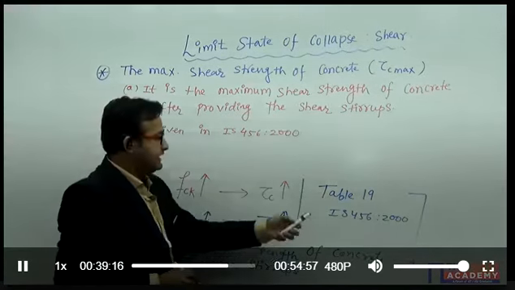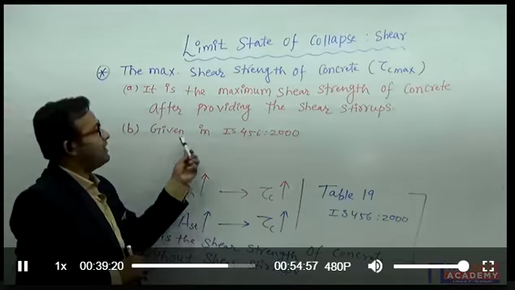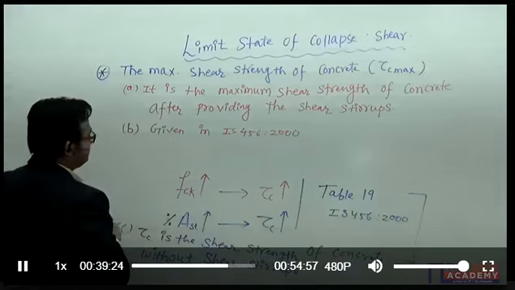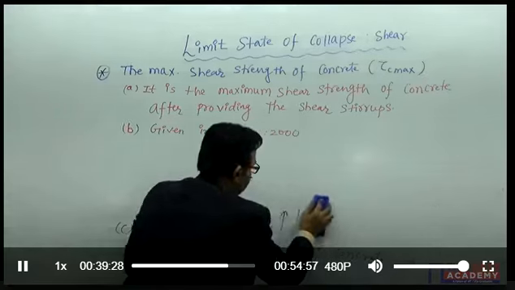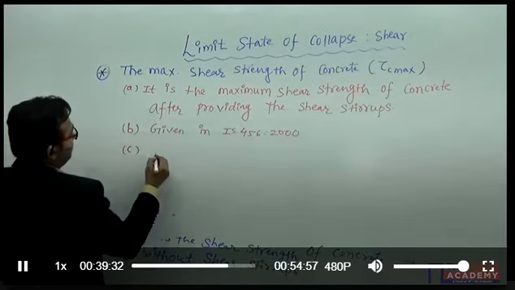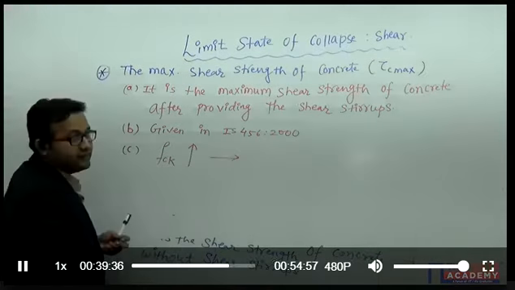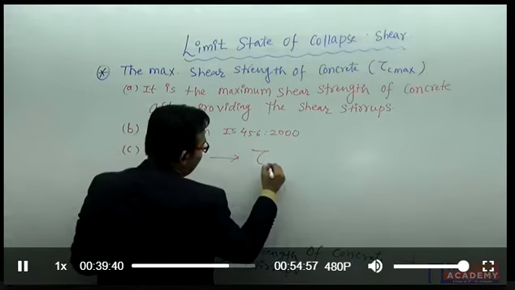Just below this table, table 19, you can find the maximum values of tau c, that is the tau c max. And of course, if the grade of concrete is increased, then tau c max will also increase.